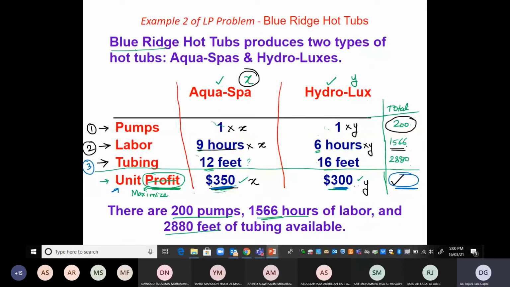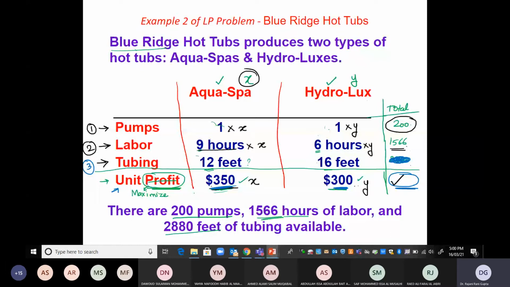What I mean is, suppose the tubing thing is not given to you. Instead, in place of profit, it should be cost.